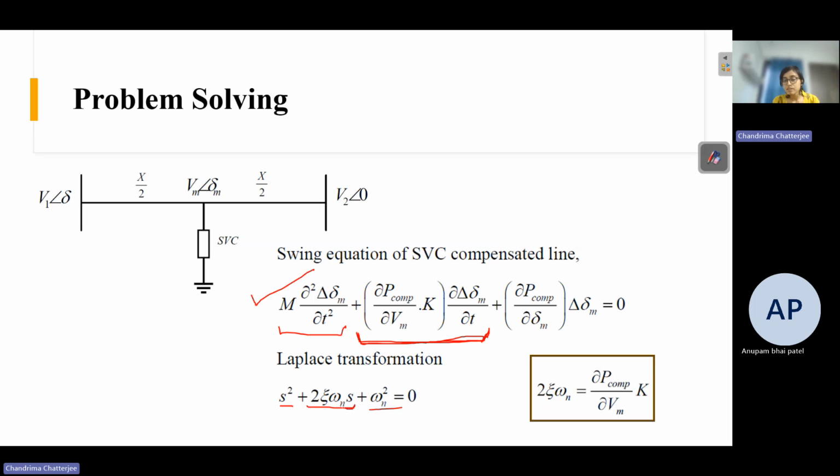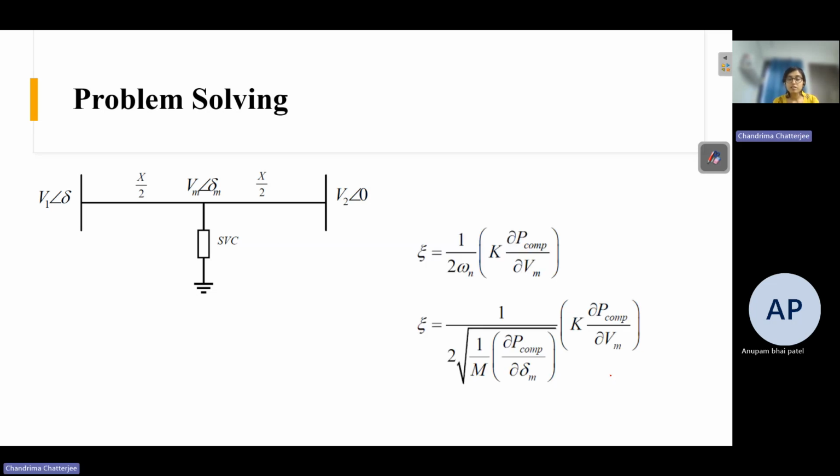Apart from this, this is the new part, and this part basically introduces the damping. This zeta is the damping coefficient, and omega n is the natural frequency of oscillation. We can express this damping coefficient like this. This is omega n, and this is the damping coefficient.